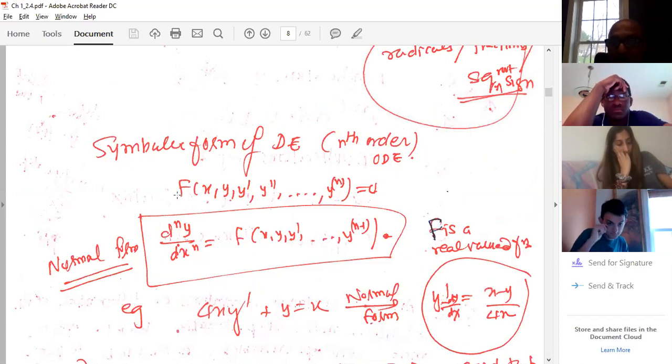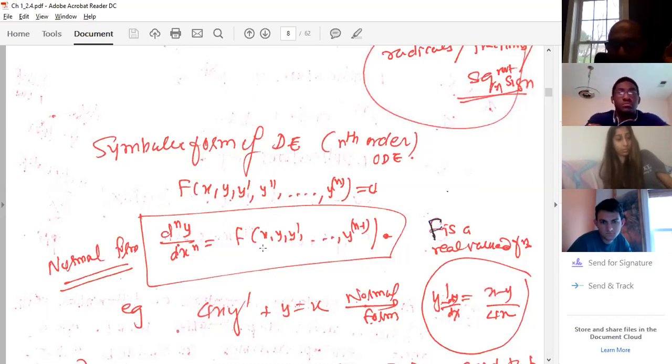And the normal form of this nth order differential equation is given in this way: d to the power n y over dx to the power n is equal to f of x, y, y dash, up to y to the power n minus 1. One power less, please. Total n powers are there, that's why it is d to the power n over dx to the power n. This is called the normal form.